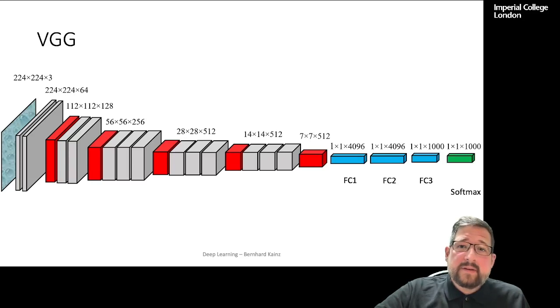It said bigger is better and decided to take it a step further. In doing so, they created an architecture that has been widely used and adopted in various computer vision tasks. So what did they do actually in detail?